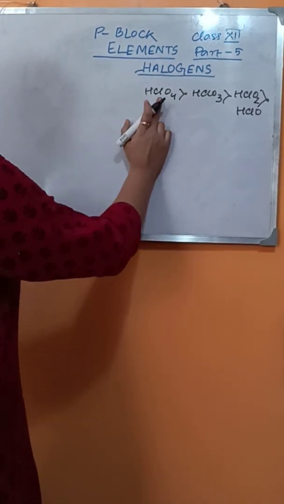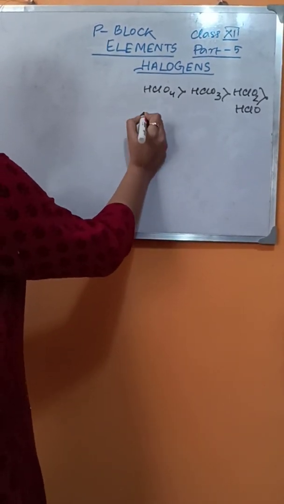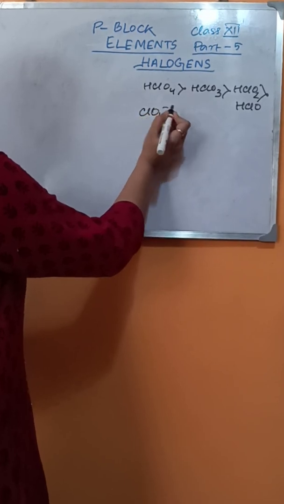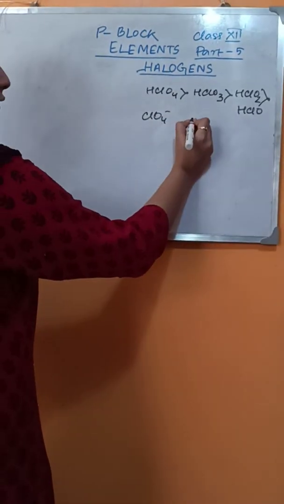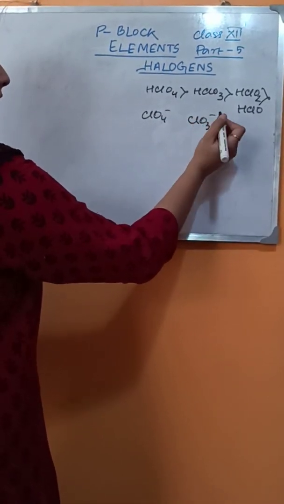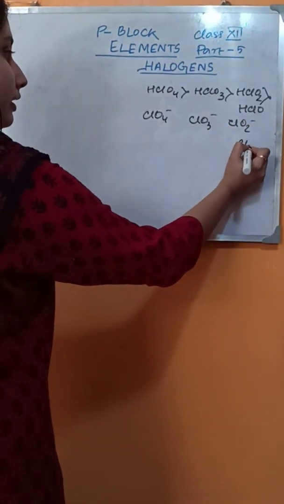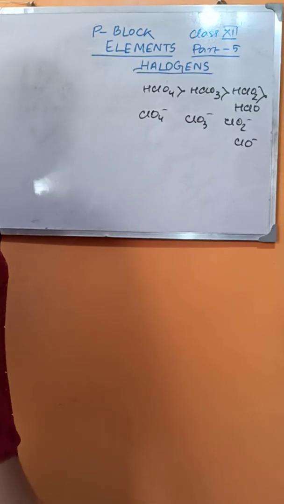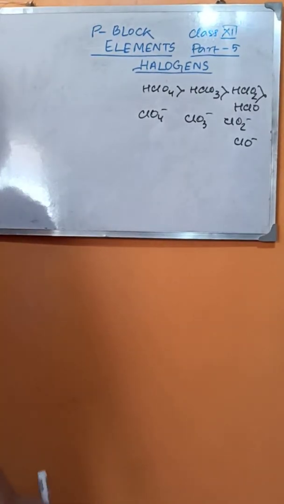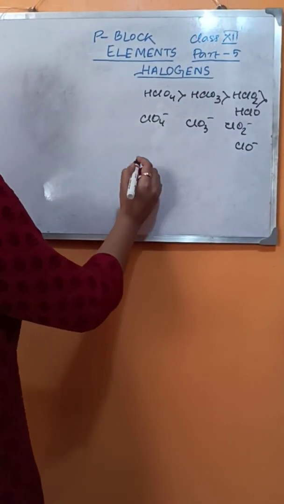Which means the conjugate base of HClO4 is ClO4 minus. For HClO3 it is ClO3 minus, ClO2 minus and ClO minus. What happens here?